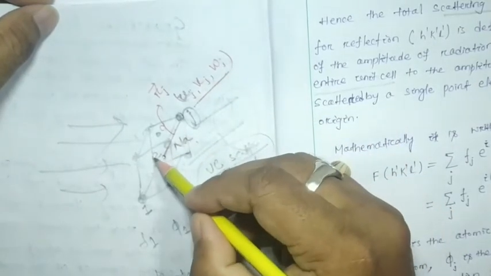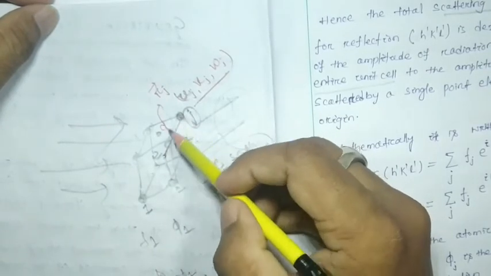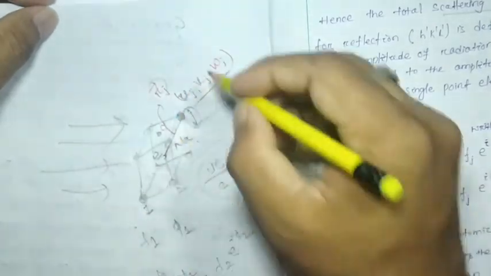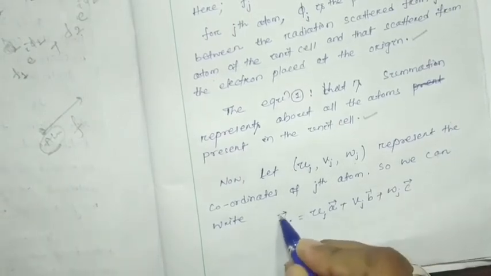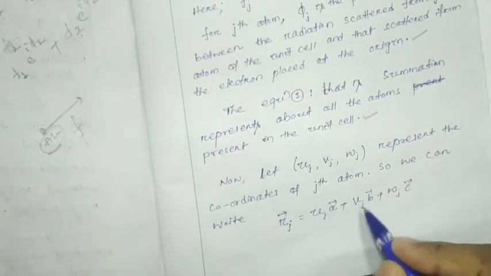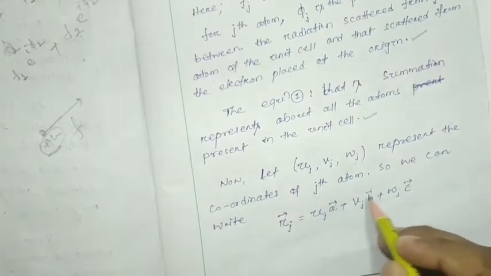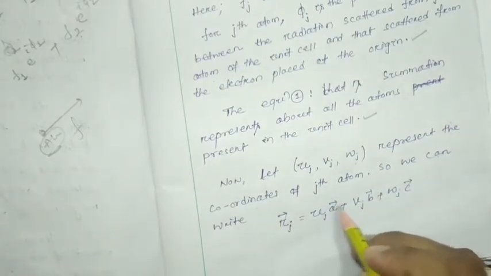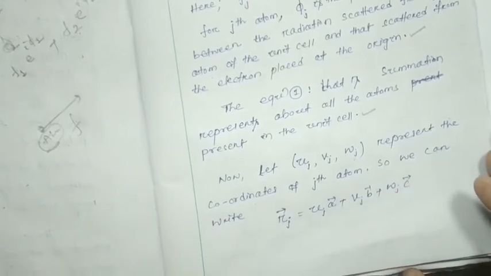From the electron at the center to this atom, the so-called position vector is rj, with distance |rj|. So the vector rj will be equal to uj a, vj b and wj c, because a, b, c are nothing but the unit translation vectors along the x axis, y axis and z axis.